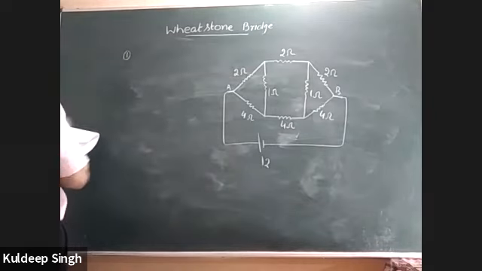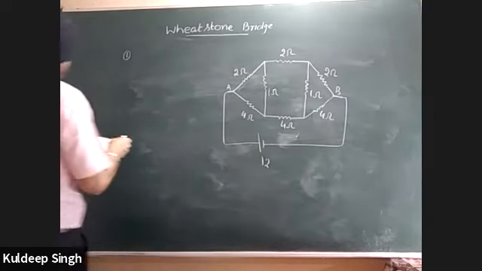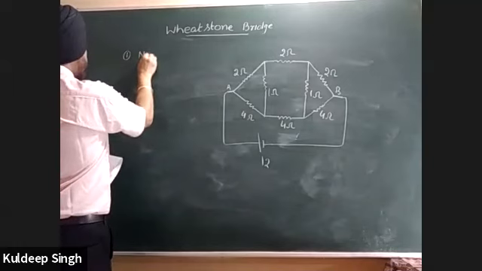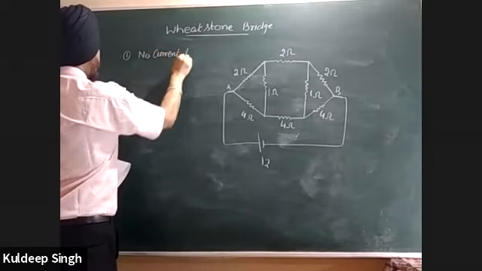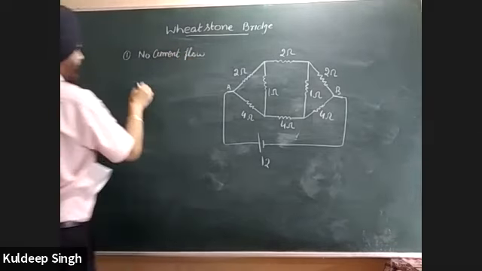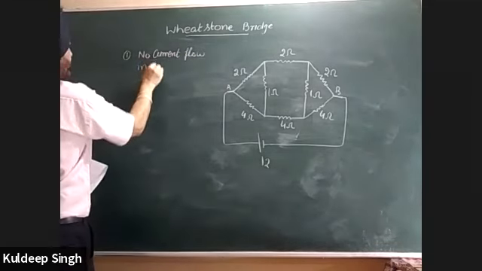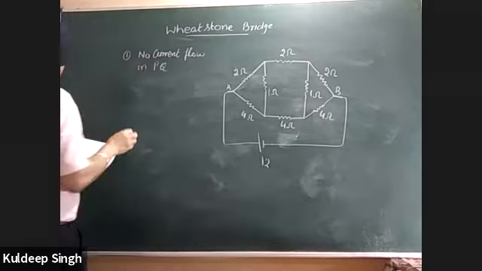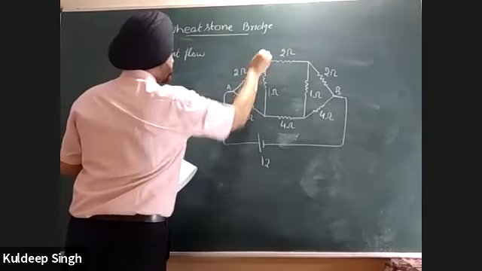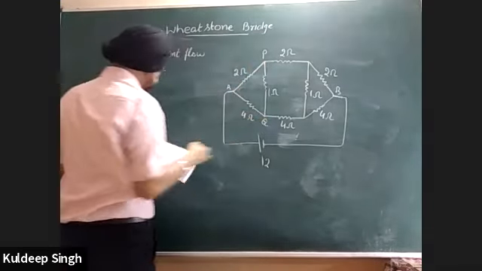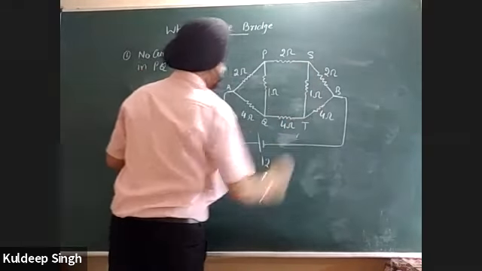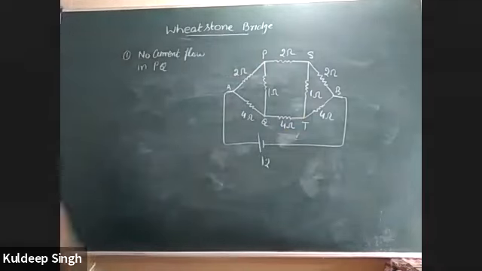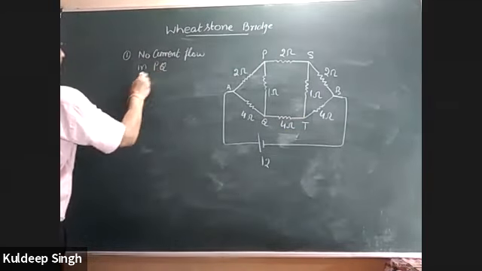Number 1, no current flows in PQ. Now what is PQ? This point is P, this is Q, this is S and T. So first is no current flows in PQ.